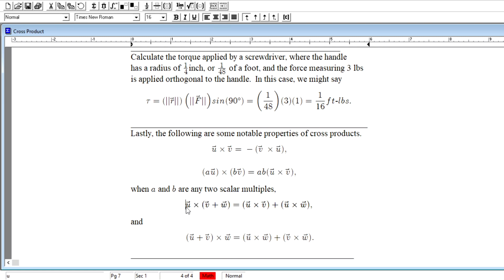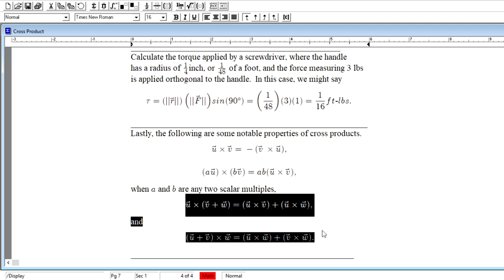And then the cross product operator will distribute itself over a sum of two vectors when the sum is the second vector in the cross product, as seen here, and it will distribute itself across the sum when the sum is the first vector in the cross product, as seen here. So there are also some quick properties here you can take note of.